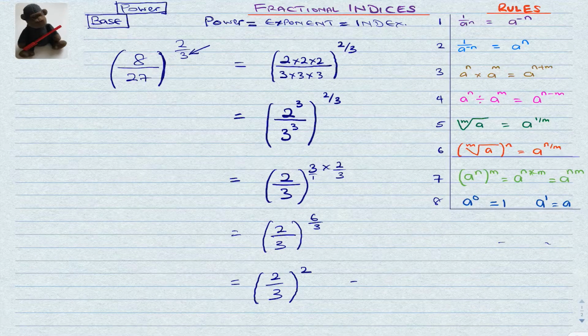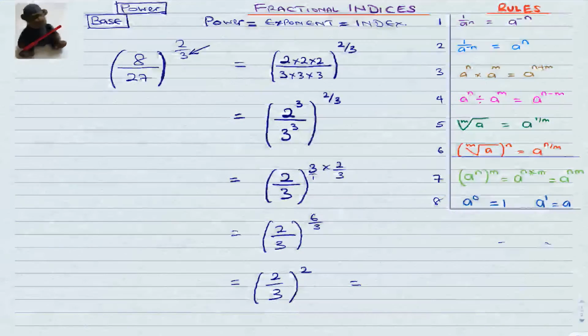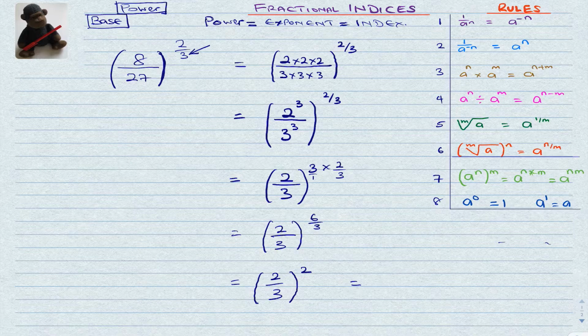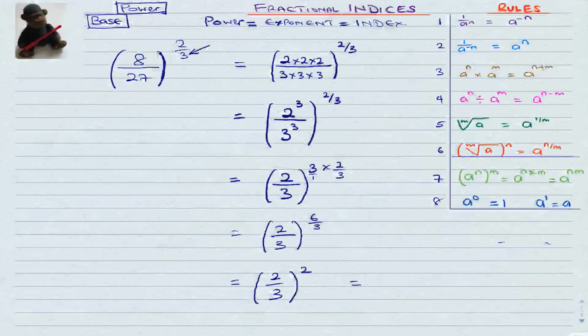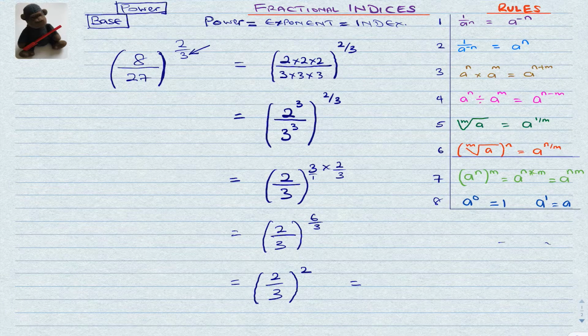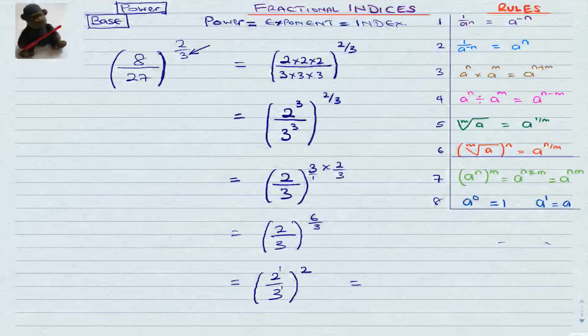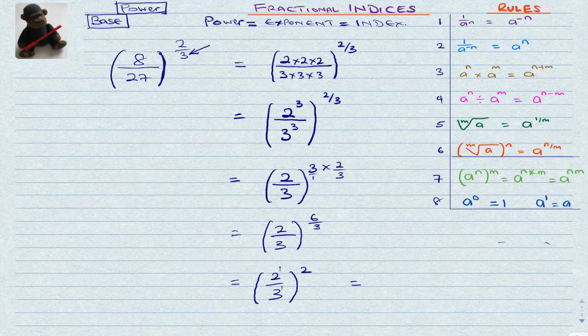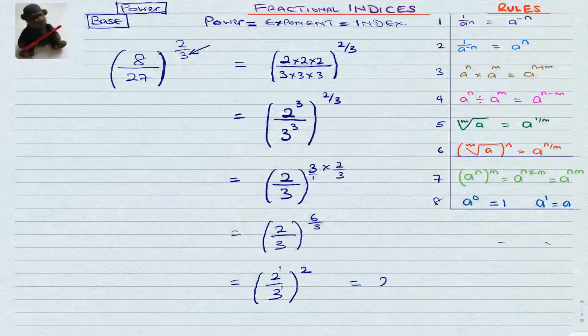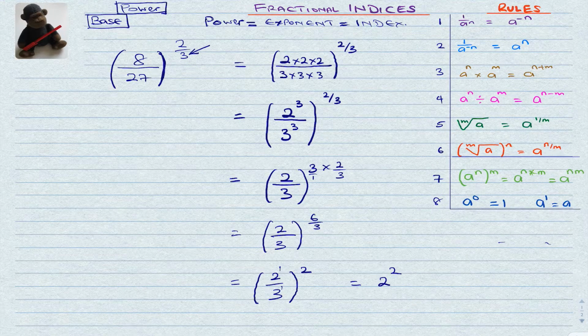So therefore, now I need to open up the bracket. I've got the 2 over 3 to power 2, so I need to open up the bracket. But remember, the 2 still has a power of 1, and the 3 still has a power of 1. So I'm going to multiply. When I open the bracket, I'll be multiplying 2 times 1. So there's a 2 to the power of 2. I'm multiplying the powers with the power of the bracket.